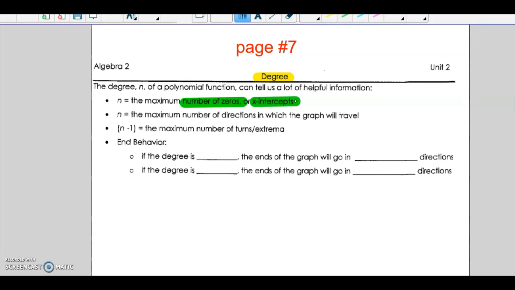The degree also tells you the number of directions. So for instance, if we have a parabola, so let's just call this x squared. X squared. We have a parabola. Okay? So we know that this parabola crosses the x-axis 2 times based on the degree. The degree is telling us it crosses twice.